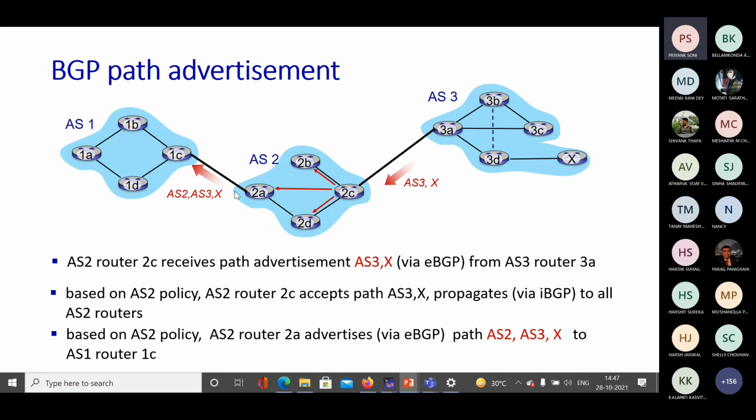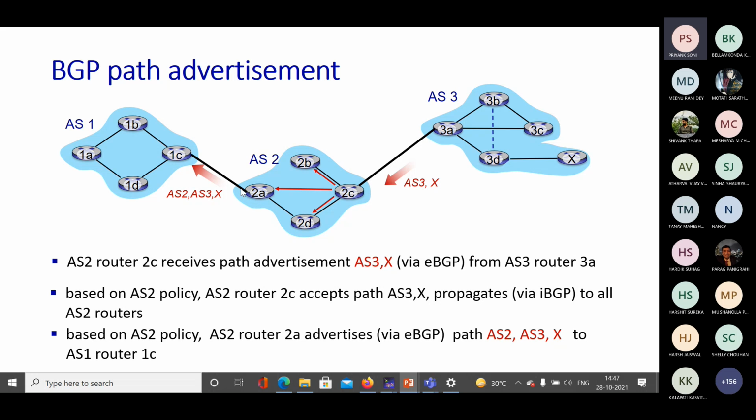It will again advertise the information that if one has to reach X, which belongs to AS3, in the sense of AS1, then it has to go via AS2, right?